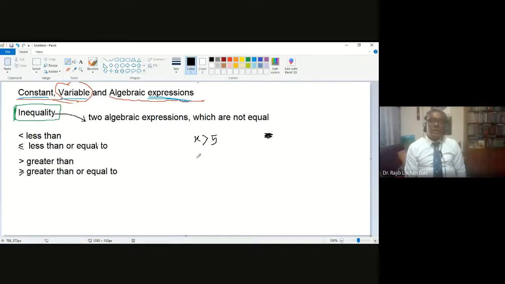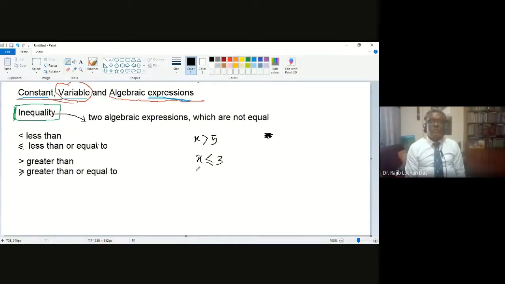So if I write x is less than or equal to 3, then what does that mean? That means maybe 3 and less than 3. So less than 3, maybe 2, maybe 1, maybe 0, or 2.5, or -1 also, or -3 also.